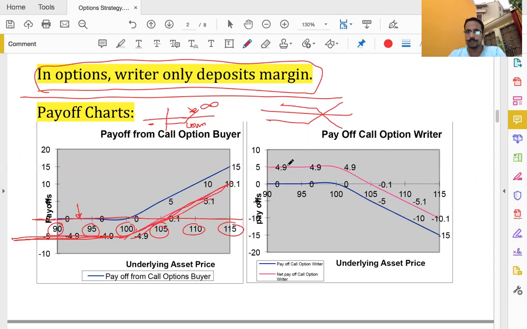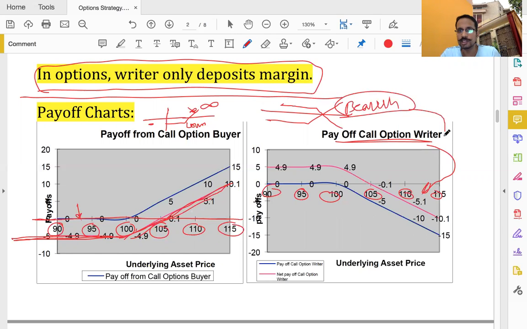So when the stock price goes up, the call option writer starts making losses, because essentially the call option writer is bearish, right? He's selling a call option because he's bearish, and here the market has become bullish and he's going to make a loss.